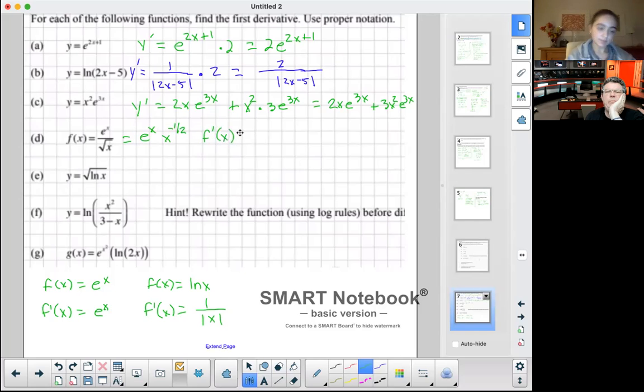And then that's product rule. So then e to the x times x to the negative 1/2, and then again e to the x times negative 1/2 x to the power of negative 3/2.